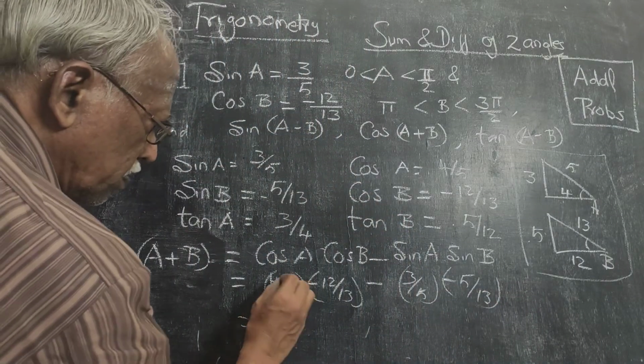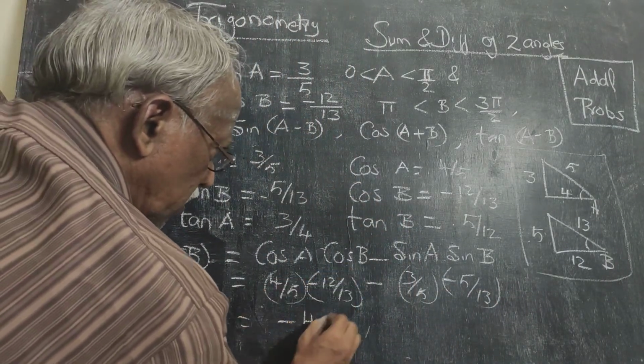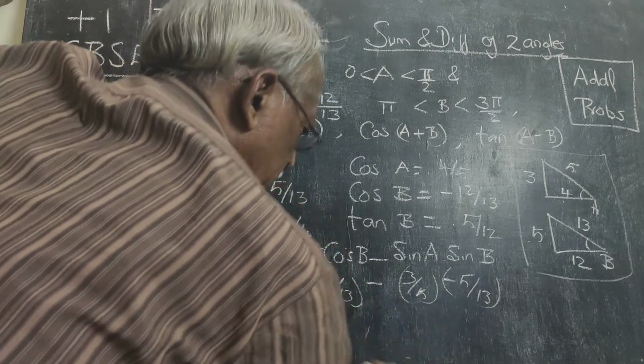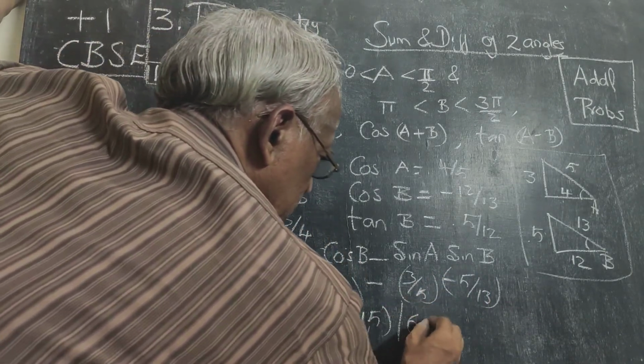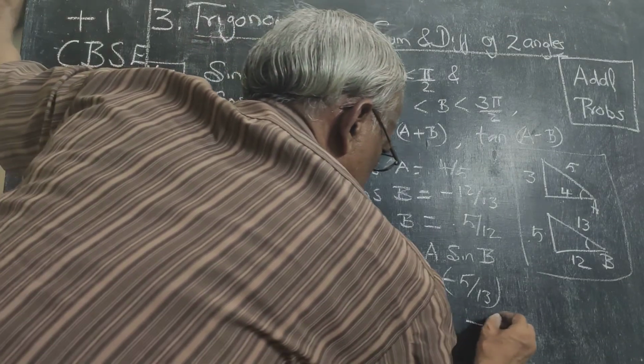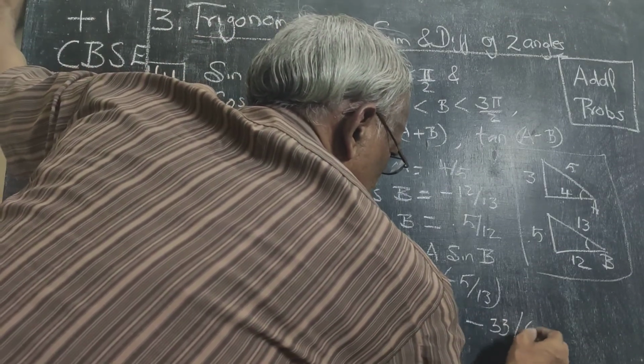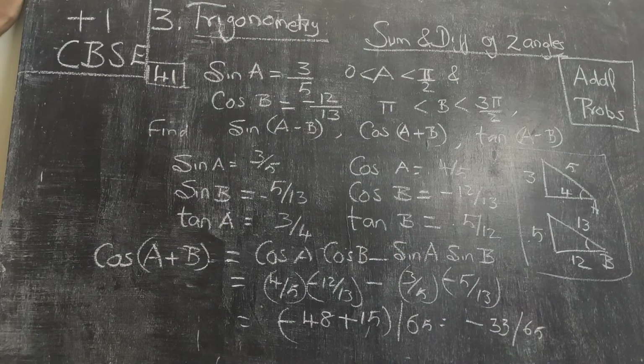This is 4 into minus 12, so minus 48, minus and minus plus, therefore plus 15 divided by 65, so minus 33 divided by 65.